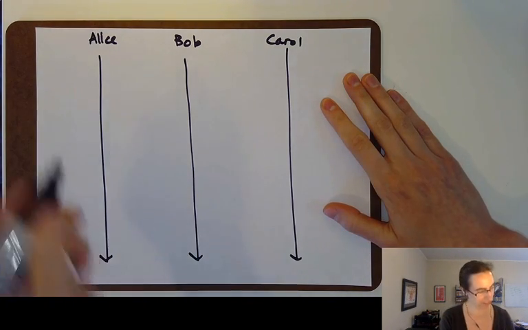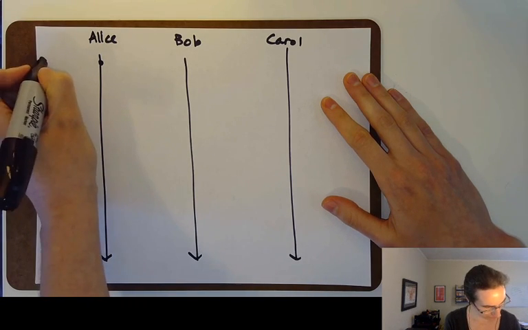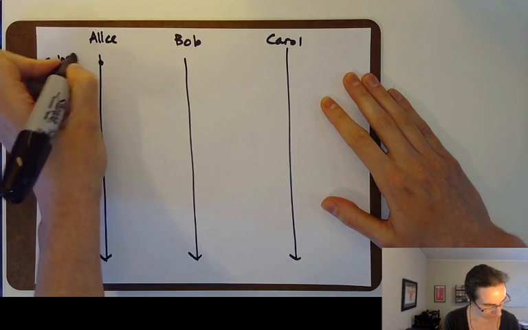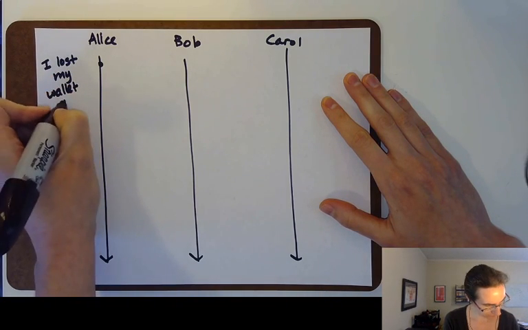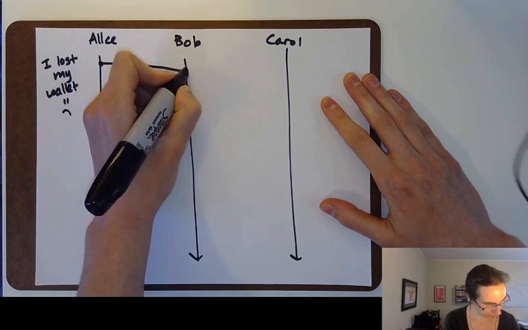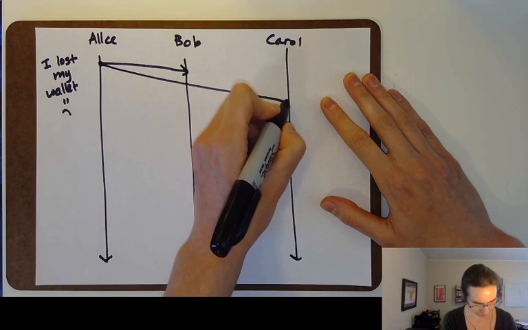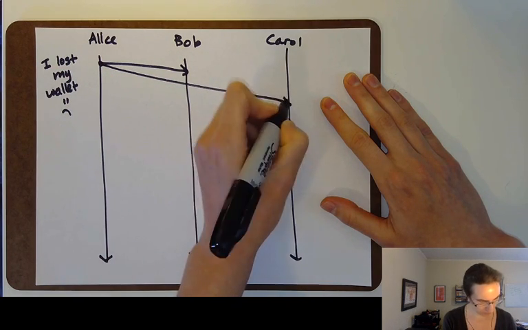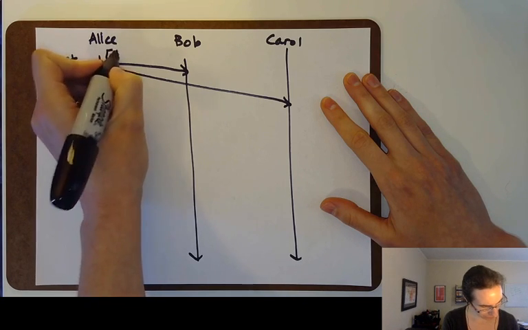Say Alice sends a message here, and she says, I lost my wallet. And let's say she sends that to Bob and Carol. The vector clock attached to this message is 100.